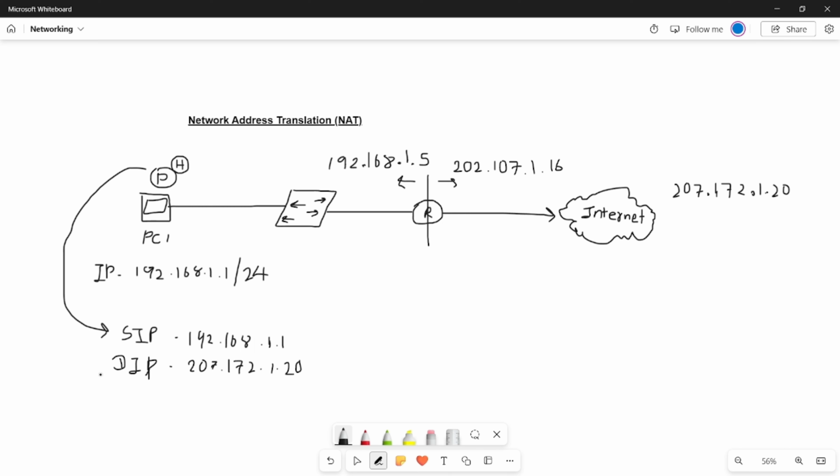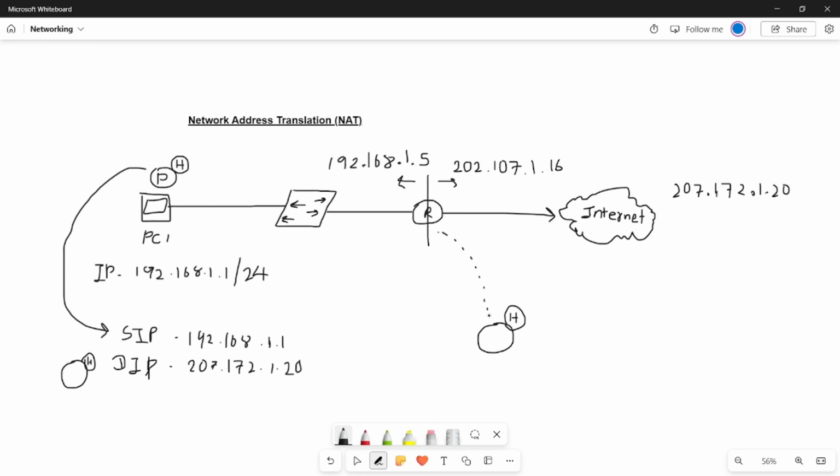After this data packet reaches the router, the router edits the source IP address to its other side's IP address. Let's say this is the data packet we sent from PC1 and this is its header.